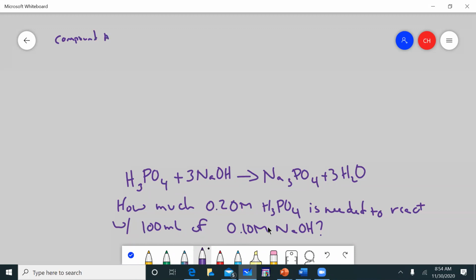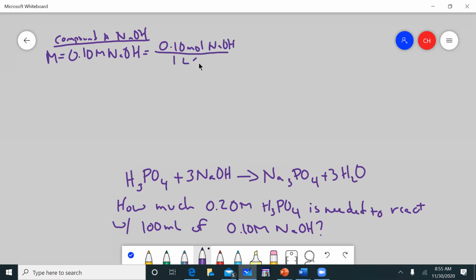So I have two pieces of information about NaOH, so we're going to make that my compound A. NaOH. So what do I know about NaOH? Well, I know its molarity. Its molarity is 0.10 big M NaOH. I'm going to rewrite that as 0.10 moles of NaOH for every 1 liter of solution.